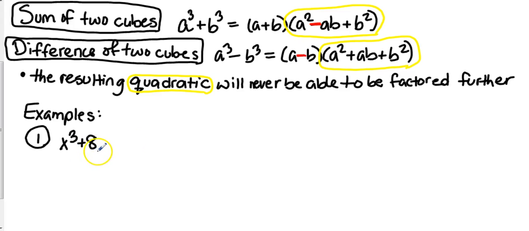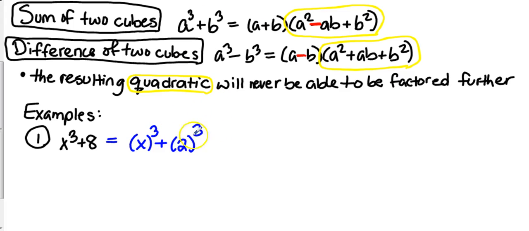So I'm hoping we recognize 8 from our chart knowledge from the last unit, because we can rewrite this to be x to the third plus 2 to the third. So notice this is the sum of two cubes because x cubed is a cubed term and 8 can be rewritten as 2 to the third.